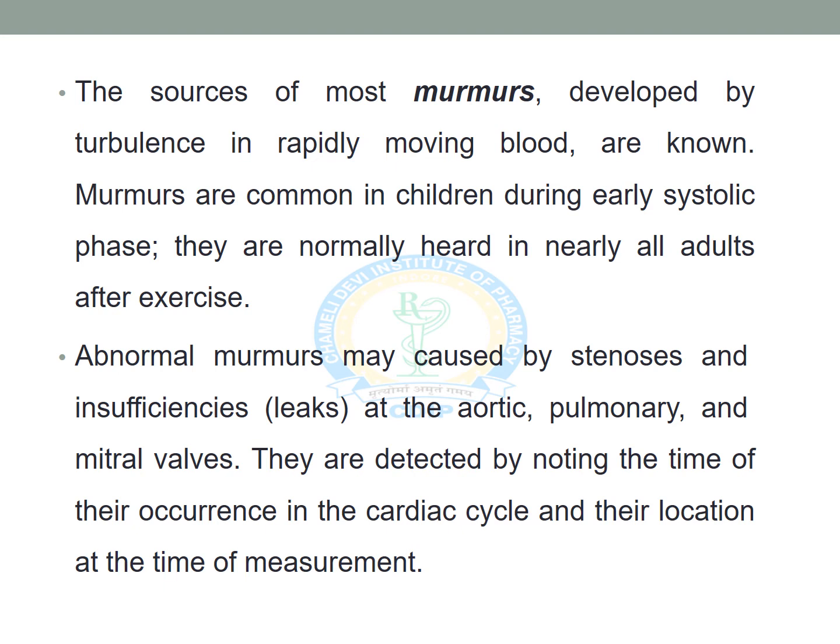They are detected by noting the time of their occurrence in the cardiac cycle and their location at the time of measurement, because the cardiac cycle has a significant and precise time phase of 0.8 seconds. One cycle lasts for 0.8 seconds, and if there is variation in that time, then it can be the basis of detection of stenosis development in the valves.